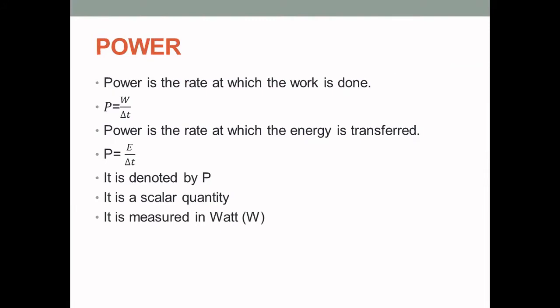Power is denoted by P, and mathematically we have P equal to W over delta T, which is the rate of work. It is also given as the rate at which energy is transferred, which means we have P equal to E over delta T. It is a scalar quantity, and it is measured in watts.